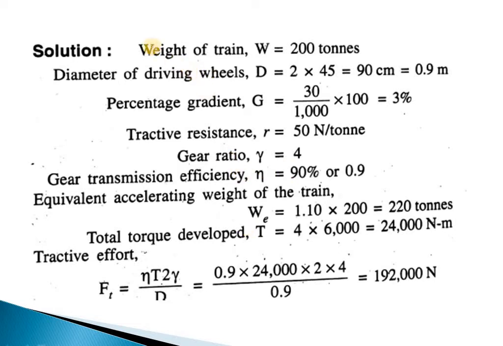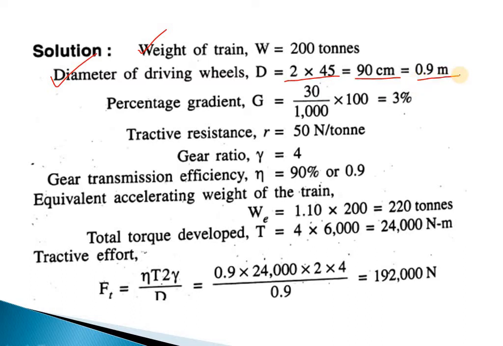First, the weight of the train is 200 ton. The diameter of the driving wheel, capital D, is 2 into 45, since 45 cm is already given, so the diameter of the driving wheel is 90 cm or 0.9 meter.